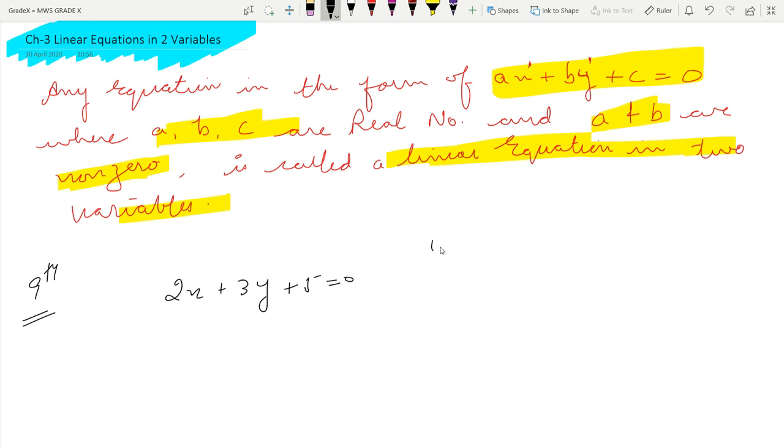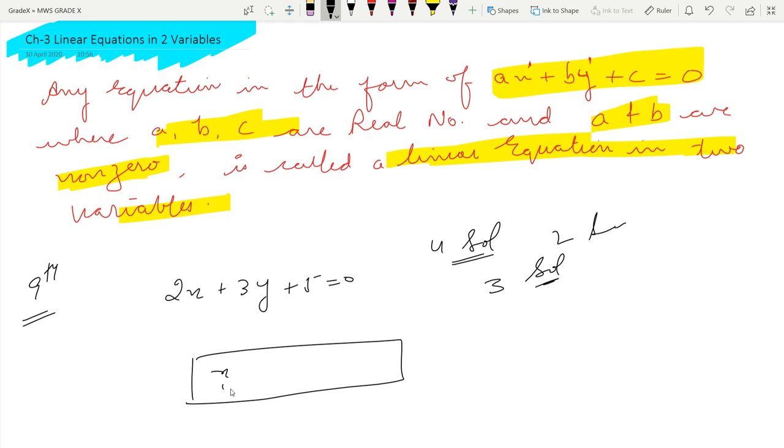You found 4 solutions of a particular equation, or 2 solutions, or 3 solutions, in this way. You put the different values of x and y in a table, and then represented all these values on a graph. All this you have done in ninth.